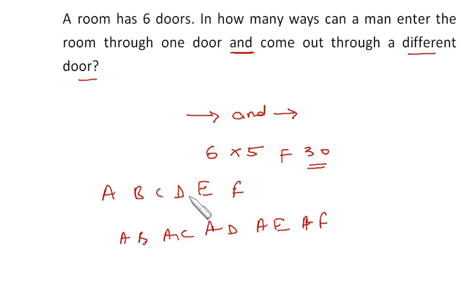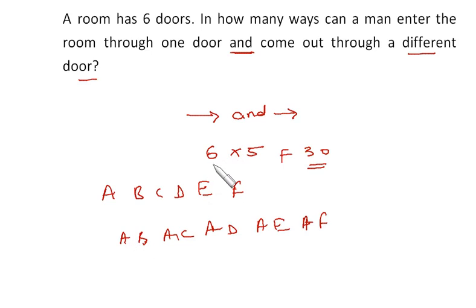Similarly, CD, CE, CF. Similarly, DE, DF, and then EF. So if we count, we will get this number of ways. Then we can reverse the combination also. Instead of AB I can take BA also. That means he's entering through B and going out from A.